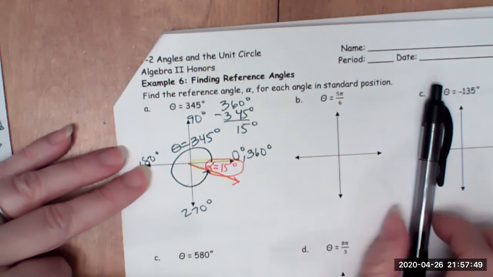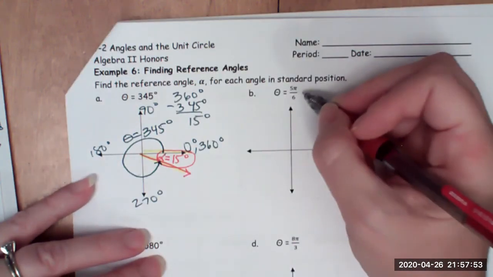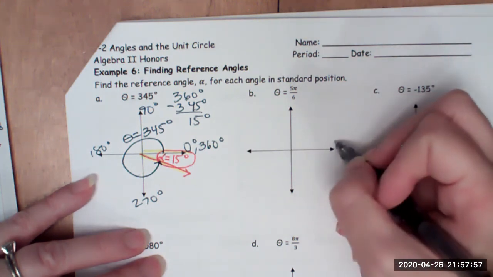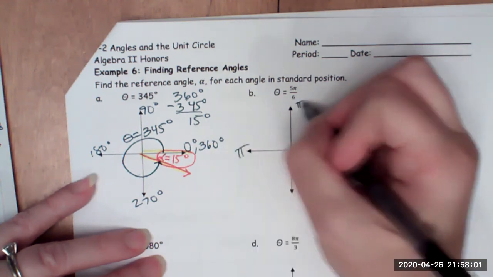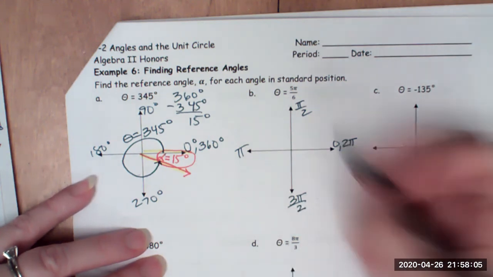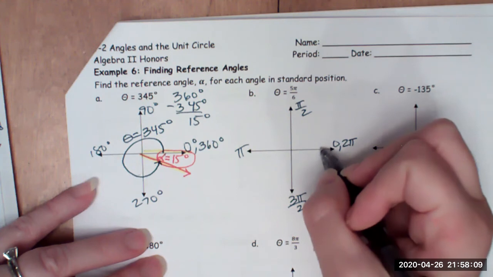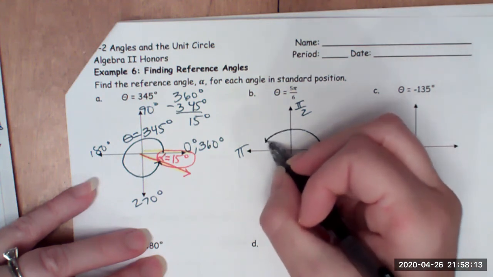Let's look at 5 pi over 6. Let's label this in terms of radians. We've got 0 or 2 pi here, here's pi, here's pi over 2, here's 3 pi over 2. For 5/6 pi, we're going to travel 5/6 of the way across to pi.